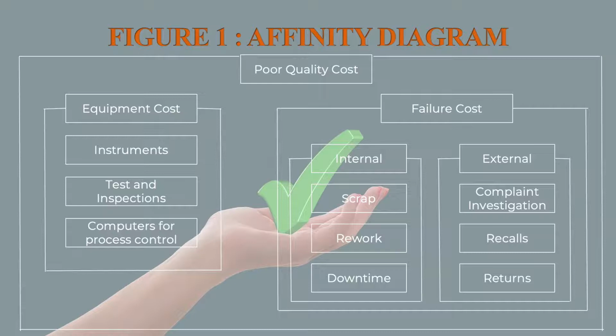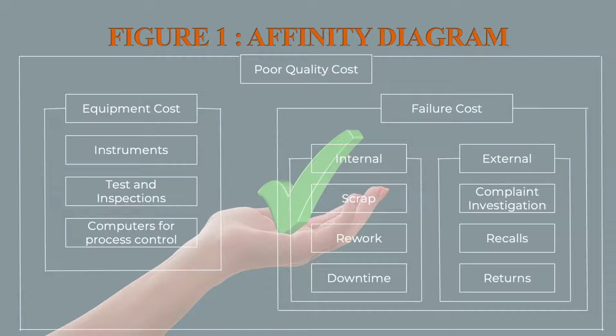Suppose we have sold a car to the customer, but it gave some problem. If it is in the warranty period, we have to replace the parts, or sometimes replace the total product. So some cost will be involved, and it comes under the external cost.